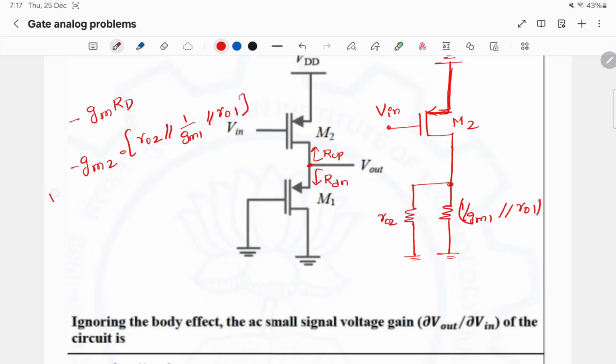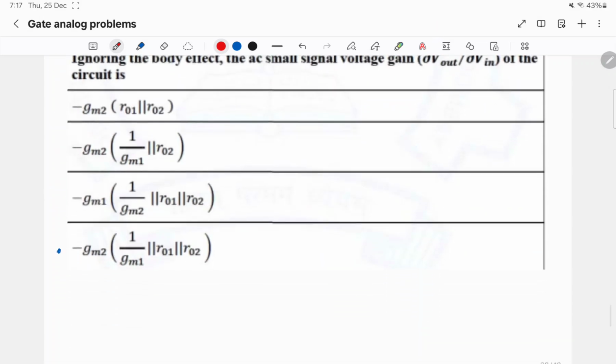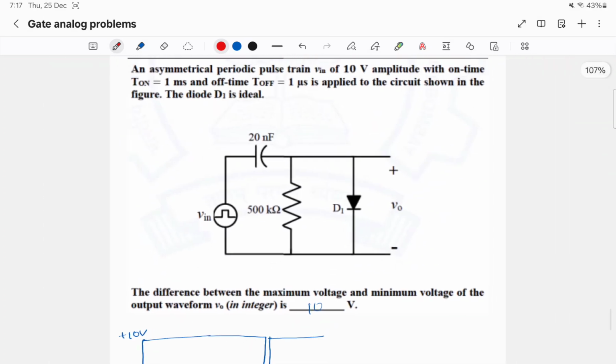So the small signal gain is minus Gm2 into 1 by Gm1 parallel RO1 parallel RO2. So we'll go to the next question.